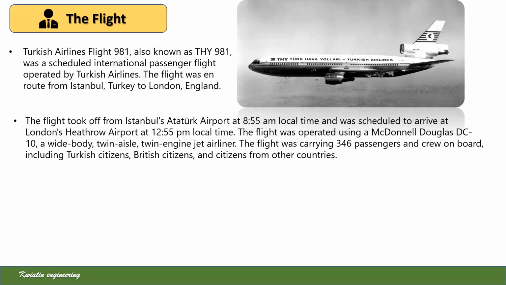The flight took off from Istanbul Atatürk Airport at 8:55 a.m. local time and was scheduled to arrive at London's Heathrow Airport at 12:55 p.m. local time. The flight was operated using a McDonnell Douglas DC-10, a wide-body, twin-aisle jet airliner. The flight was carrying 346 passengers and crew on board, including Turkish citizens, British citizens, and citizens from other countries.